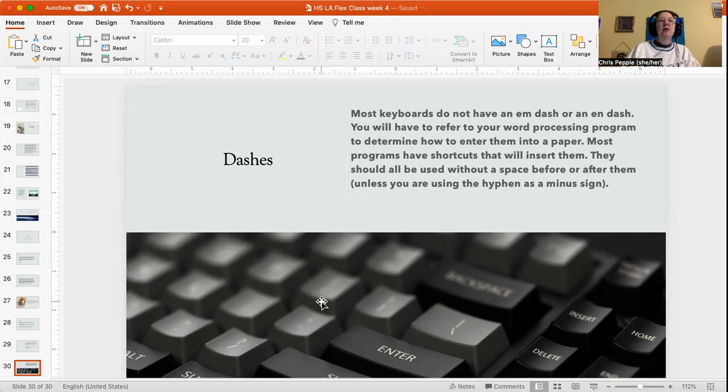Okay. So if your program does not have the dashes, look it up. Sometimes you have to go under Insert, Special Characters, and then search for N or M dash, and it'll be there. If I'm going to use them a lot, I cut and paste them. But your program also usually has a shortcut. Like if you hit these two buttons, you get the dash.